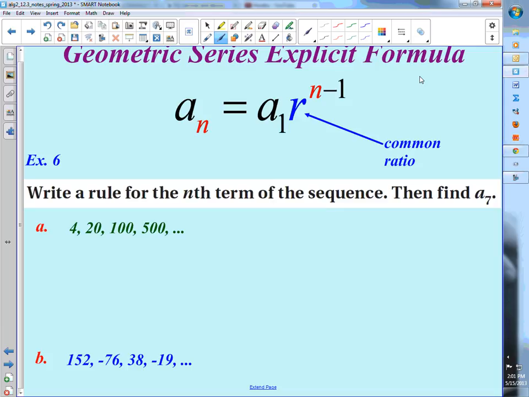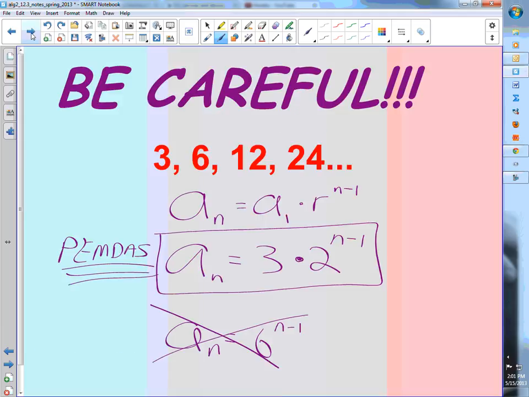All right, Julia, how about A? What did you write for a sub n is equal to? 4 times 5 raised to n minus 1. And you cannot multiply the 4 and the 5. That 4 and the 5 cannot be multiplied.